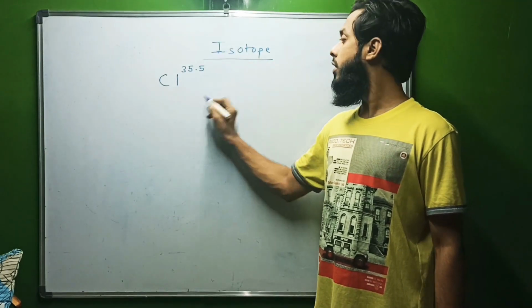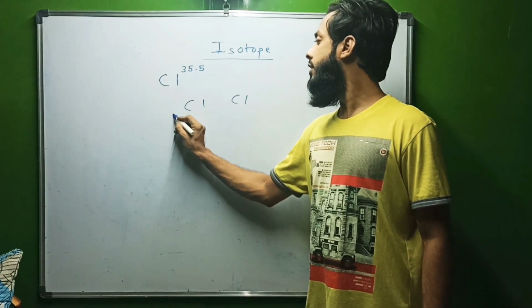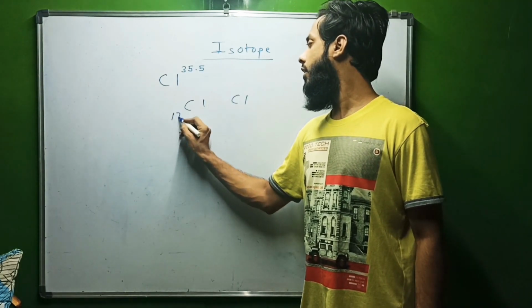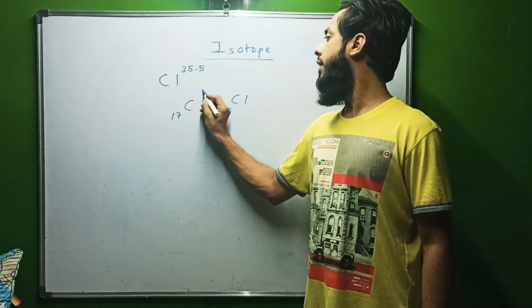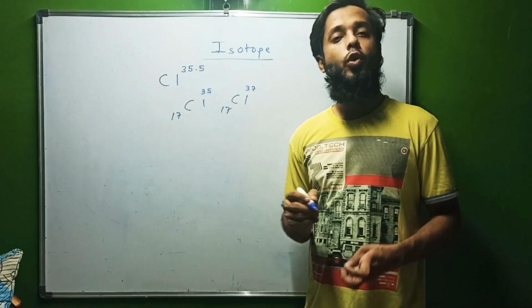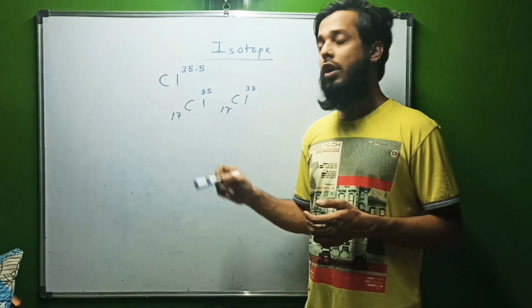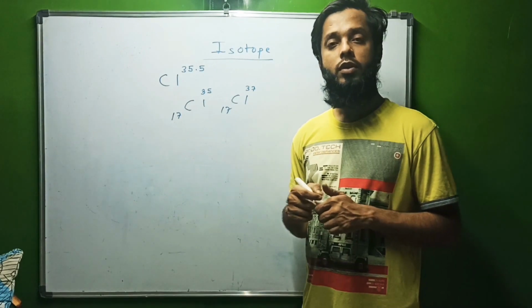What are isotopes? Isotopes are atoms having the same atomic number but different mass number. So in this world we have chlorine 35 also and chlorine 37 also.